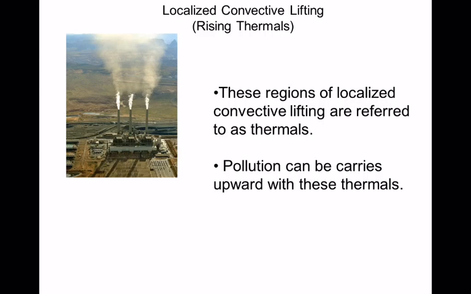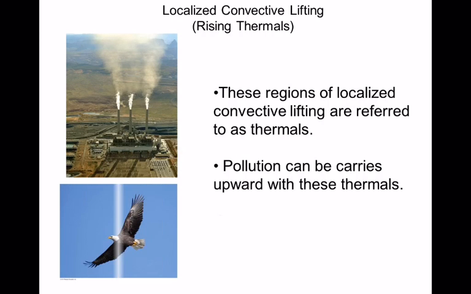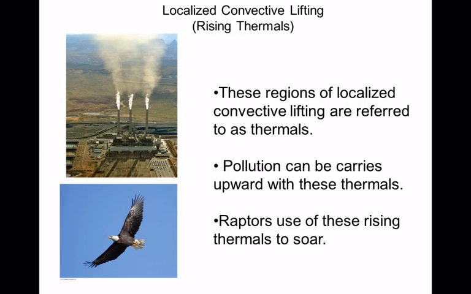Basically, you have air relocating upward. And what do we call air relocating? Wind. So you have a gentle wind going up. It's called an updraft. And raptors, birds of prey, will try to find these thermals. The hang glider people also try to find these thermals and use them to their benefit.